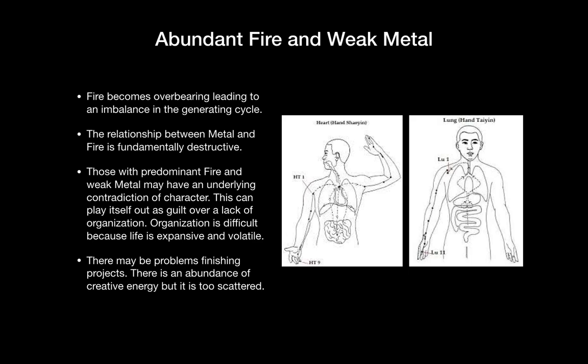So those with predominant fire and weak metal may have an underlying contradiction of character, and this can play itself out as guilt over a lack of organization. Organization seems difficult because life is not naturally organized. It is expansive and volatile. And there may be problems finishing projects because there is an abundance of creative energy which comes from the heart, but it is too scattered and not well contained by the metal element.